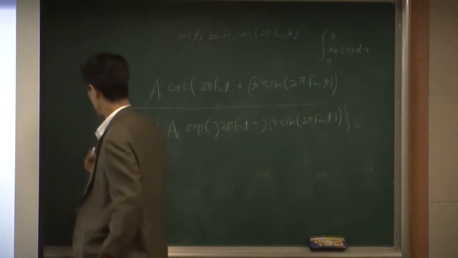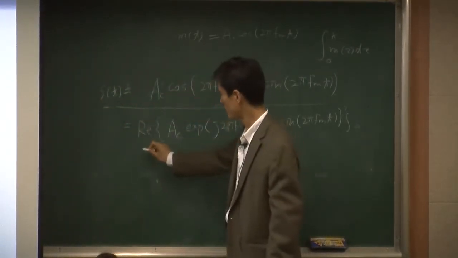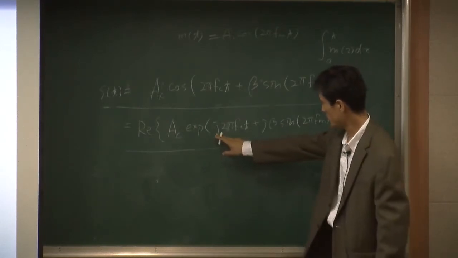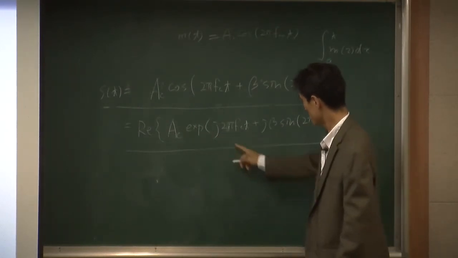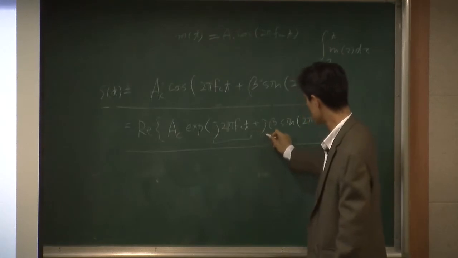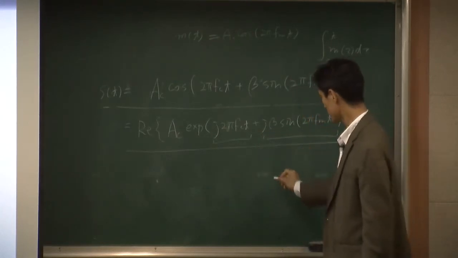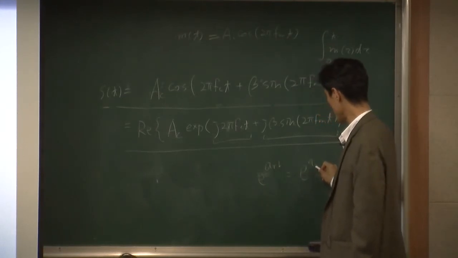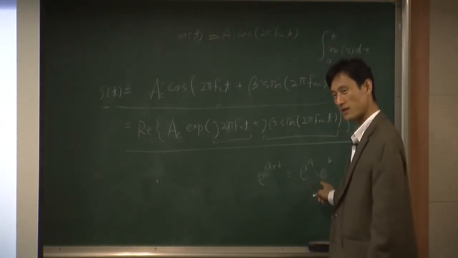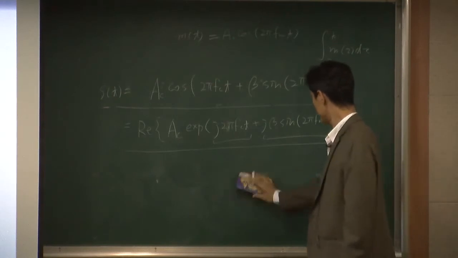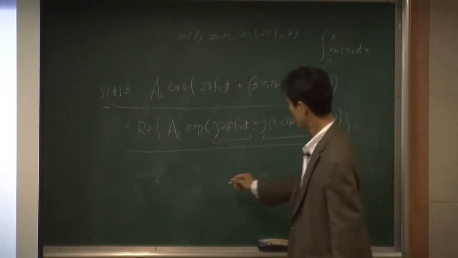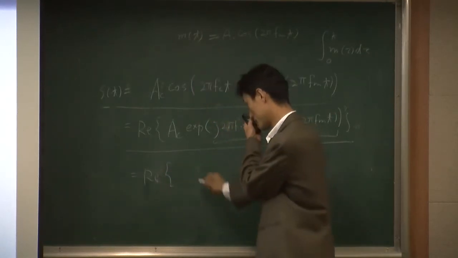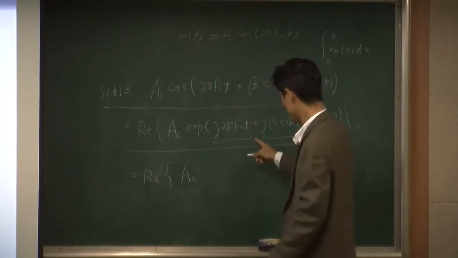Now in order to make it simple, first of all, this one is an exponential of a plus b. Exponential a plus b is the same as exponential a times exponential b. So what we want to do is change it into AC times this exponential.